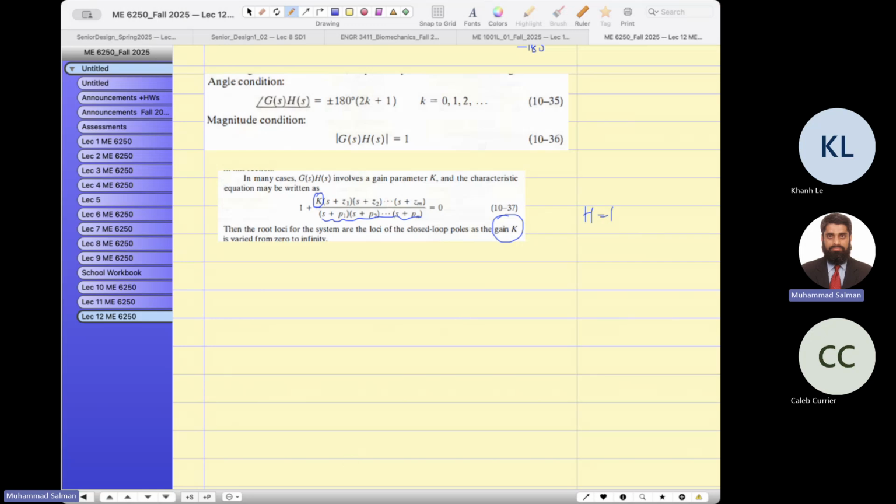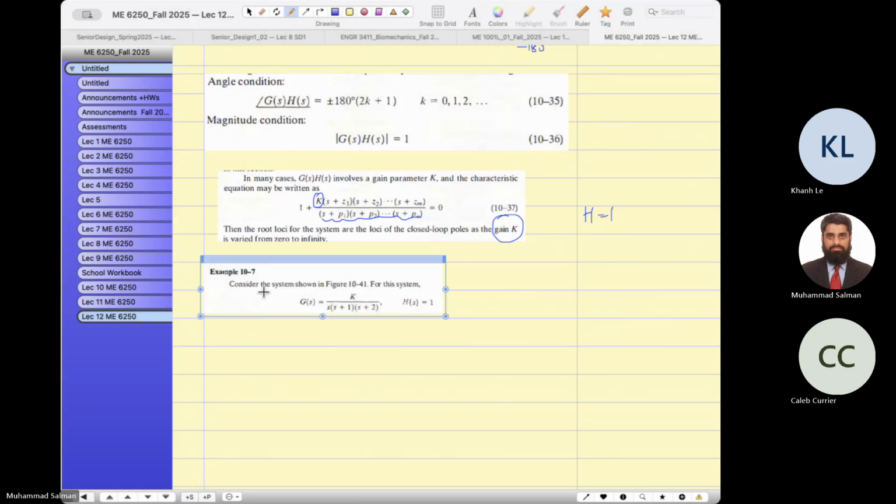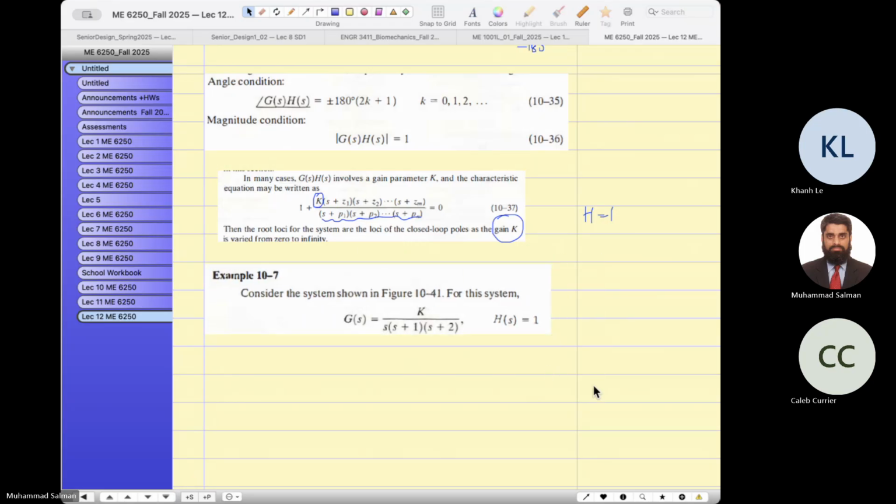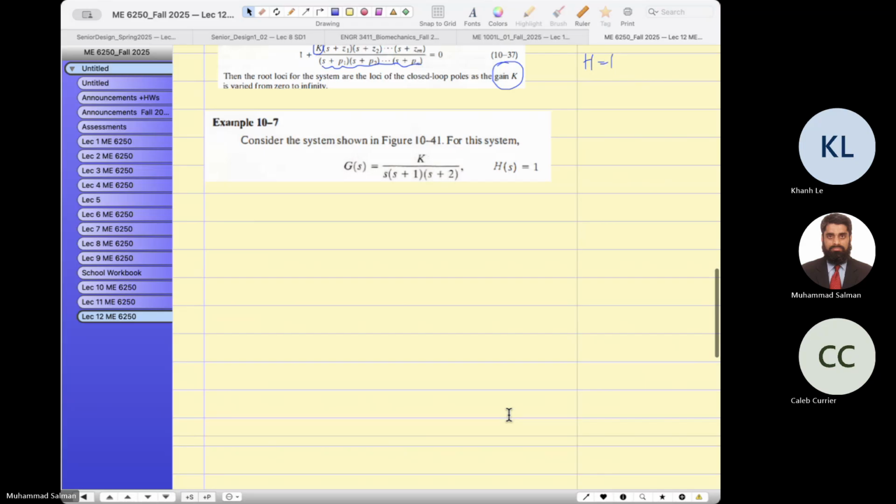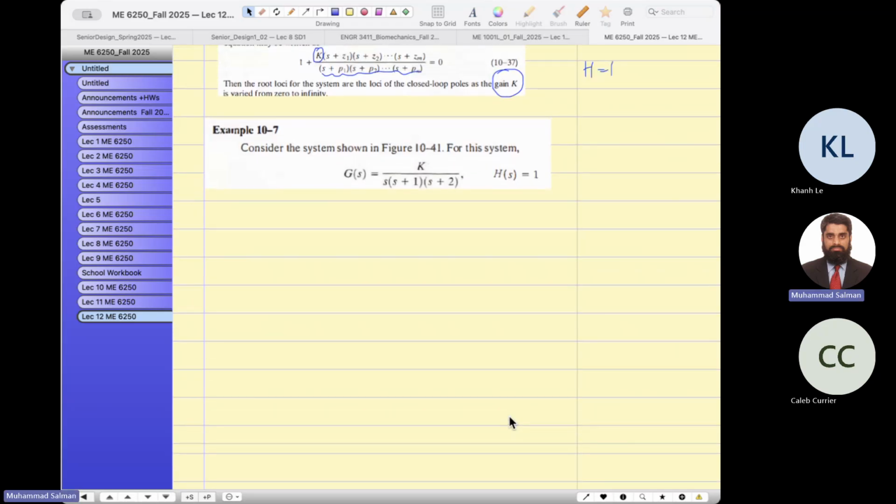Let us begin with an example in our book. Consider the system shown in this figure. Let me show you this figure here, 10-41.